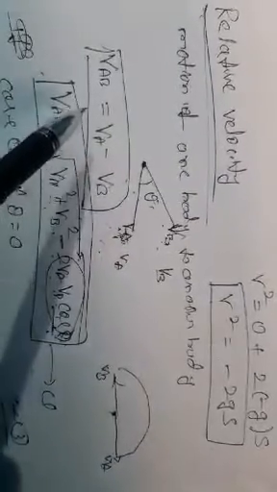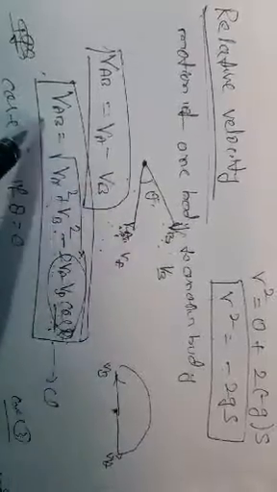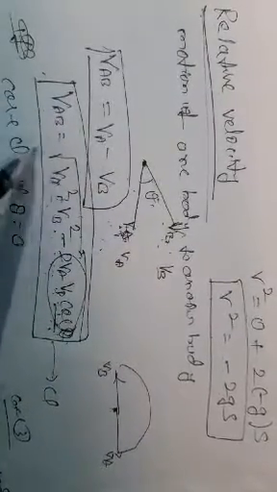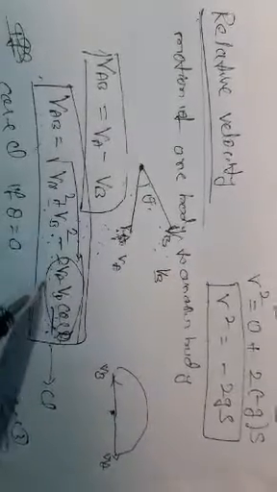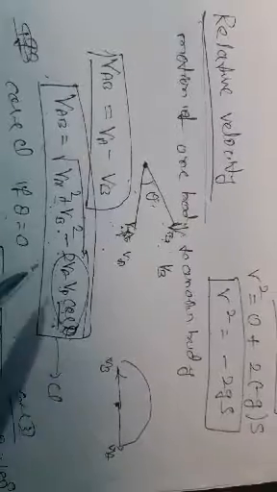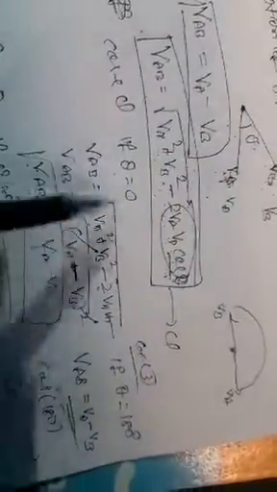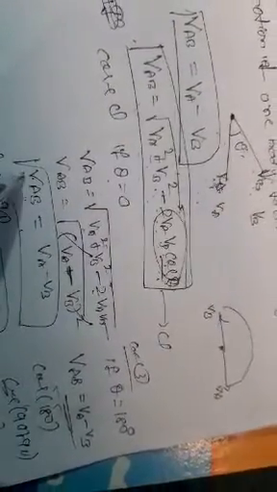And the magnitude of the relative velocity is given by VAB is equal to root of VA square plus VB square minus 2 VA VB cos theta. There are three different cases. If theta is equal to 0, the magnitude of relative velocity is VA minus VB.